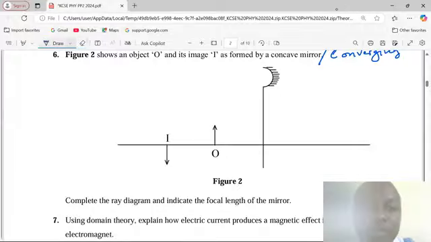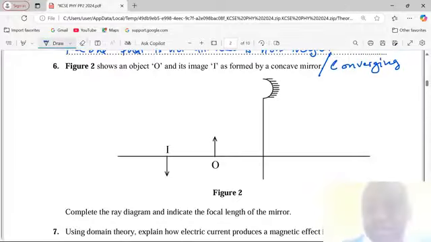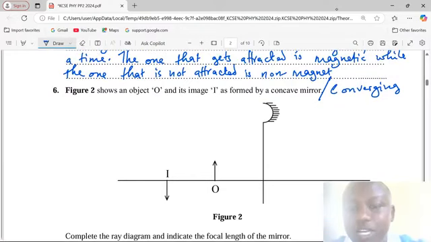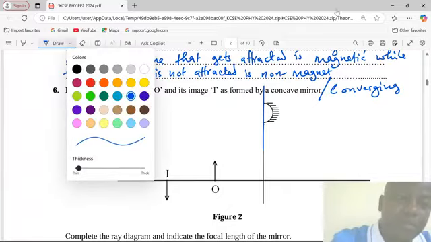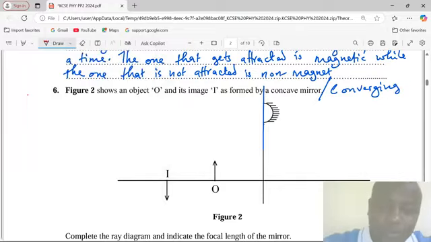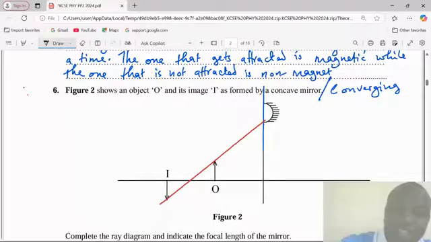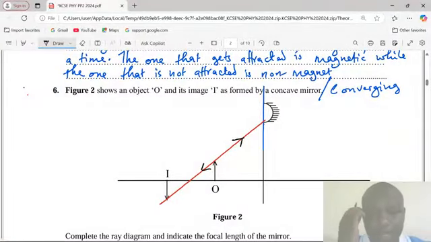If I elongate my mirror that way, then I take a ray which connects the two tips that way. Then we can argue that it has gone through C, and it is also getting reflected through the same path.